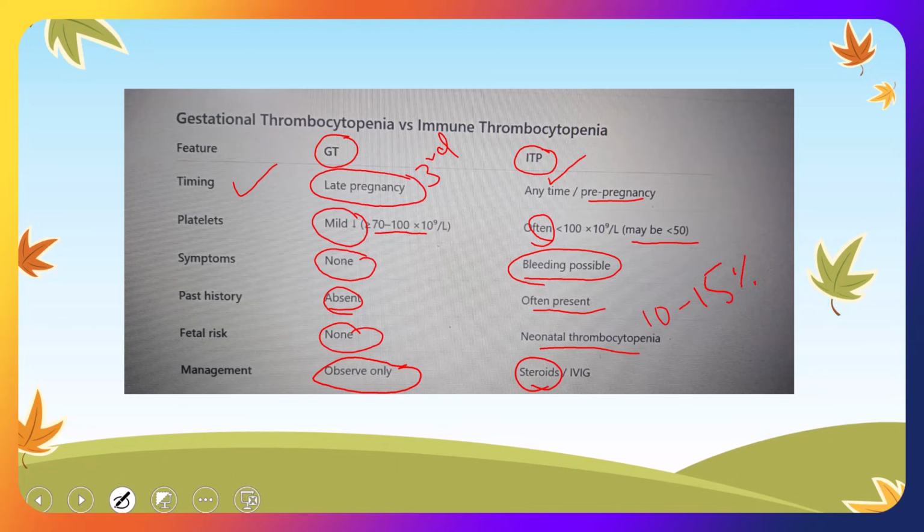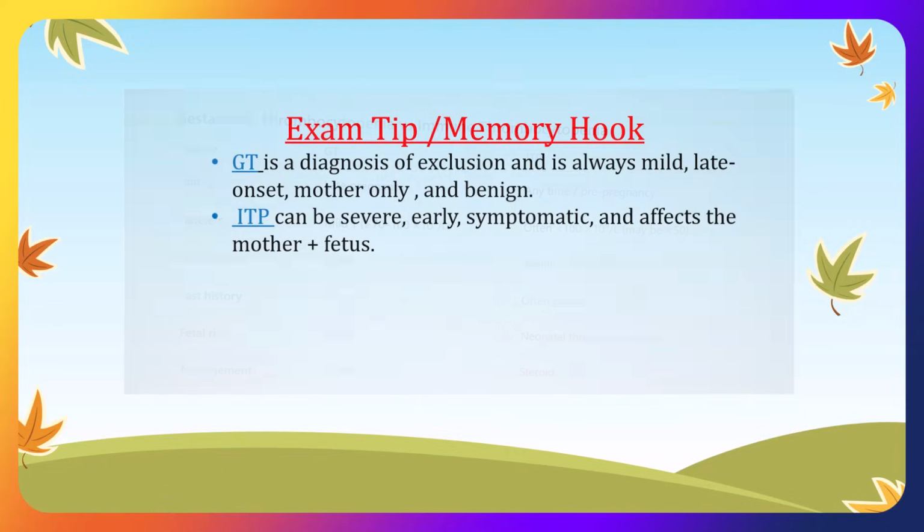But in cases of refractory ITP or in cases of severe catastrophic bleeding, we can give IV immunoglobulins to the patient. Now this is a very important slide in terms of your exam, in terms of distinguishing between these two conditions in a clinical scenario to reach the diagnosis. So please note this.